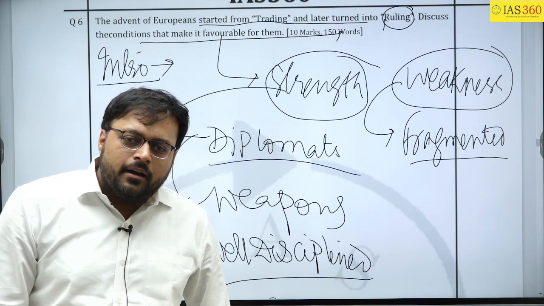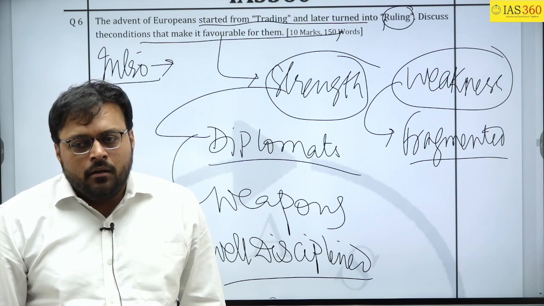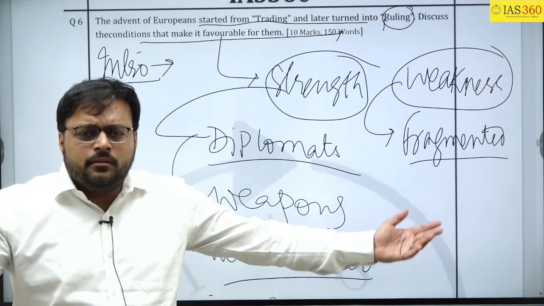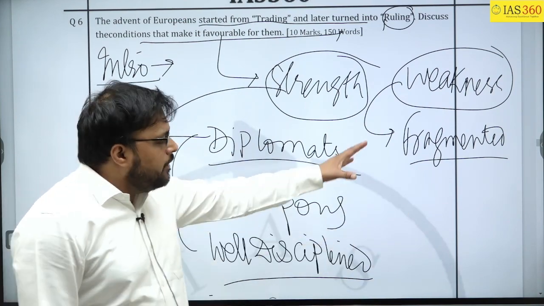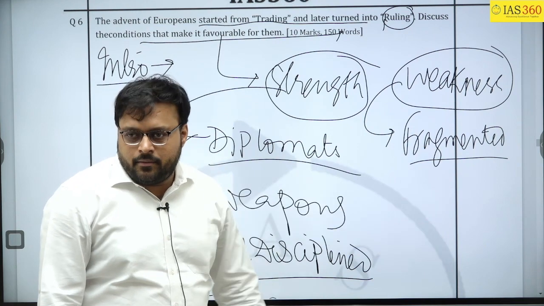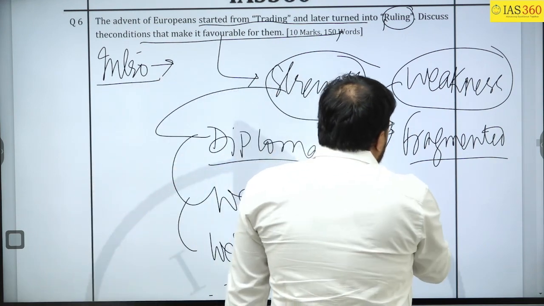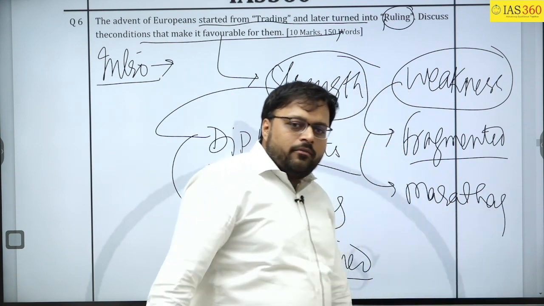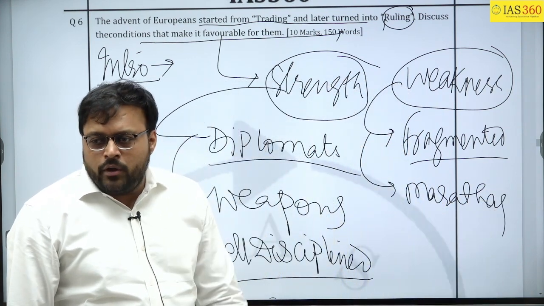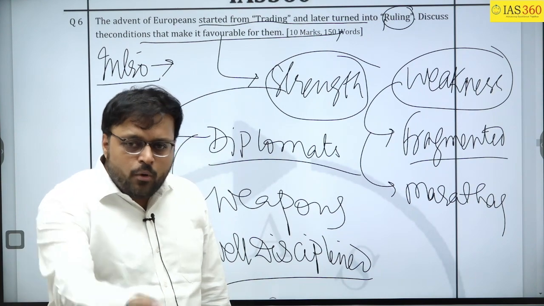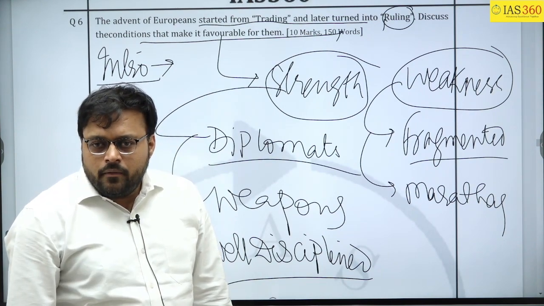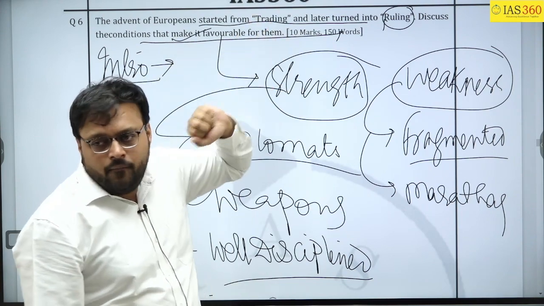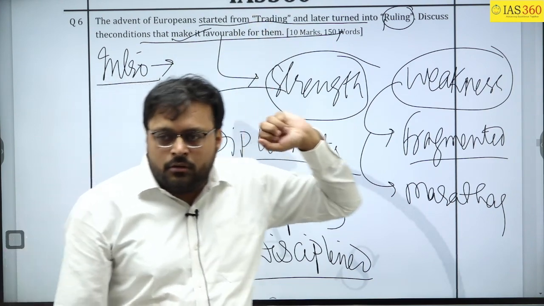Likewise, Alivardi Khan in Bengal denied giving tax to the Mughal Empire, and the Mughal Empire was busy. That was the reason for the weaknesses. At the same time, you can say there was a rise of the Marathas. Marathas versus Mughals was going on, Marathas versus Mysore was going on. So this was the reason, and those were the conditions favorable. Understood?